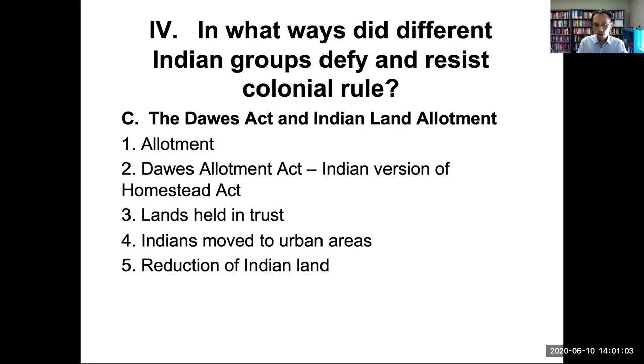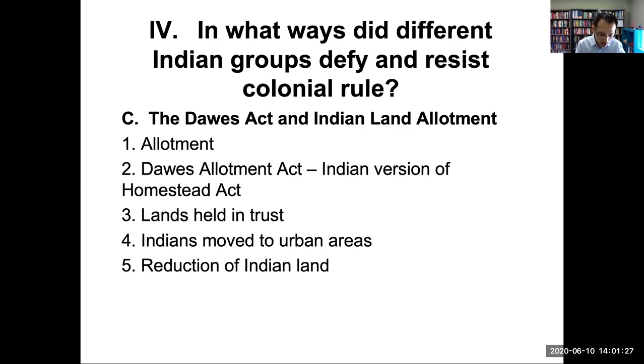You can think of the Dawes Act as kind of the Indian version of what we discussed earlier, the Homestead Act. This allowed the federal government to divide the lands of any tribe and grant 160 acres of farmland or 320 acres of grazing land to each head of family.